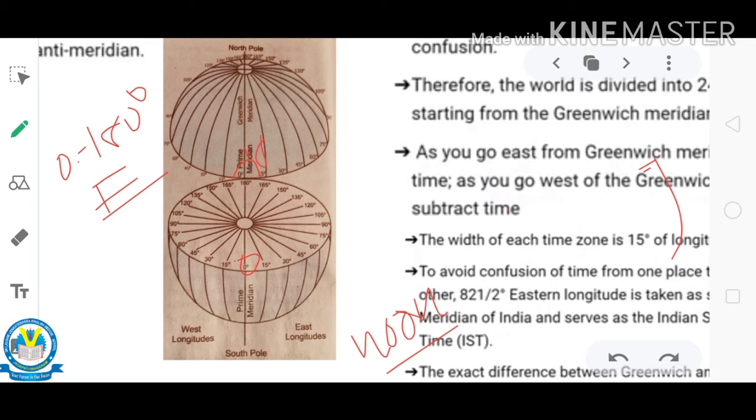Here, 15 degrees is the distance between these two lines. If the sun's position changes from one degree to another degree, the time difference is 4 minutes.